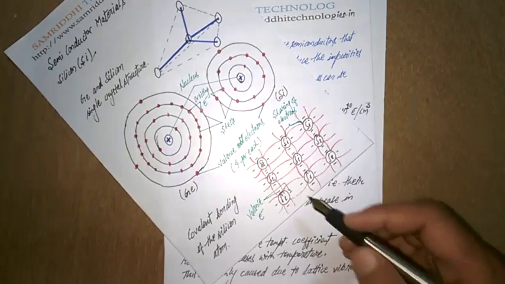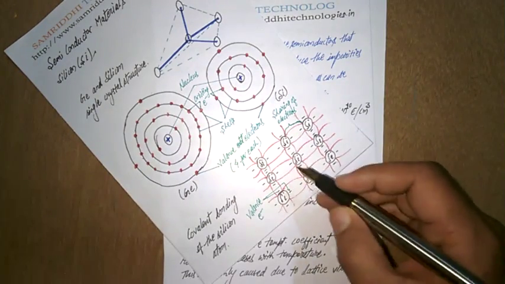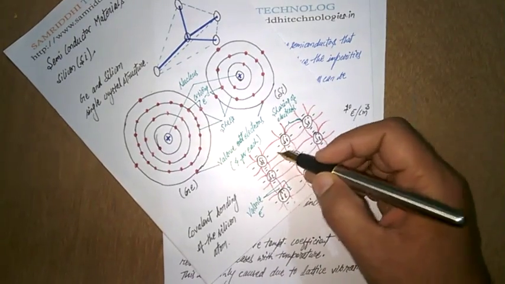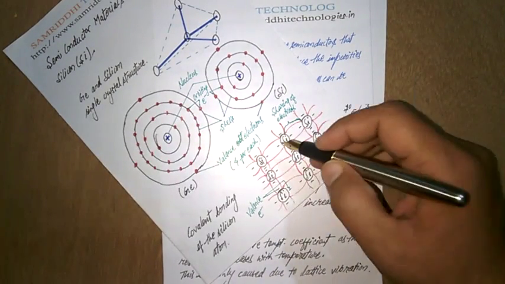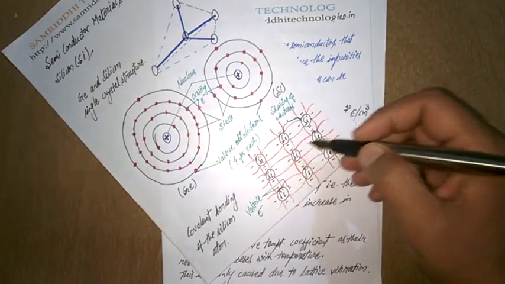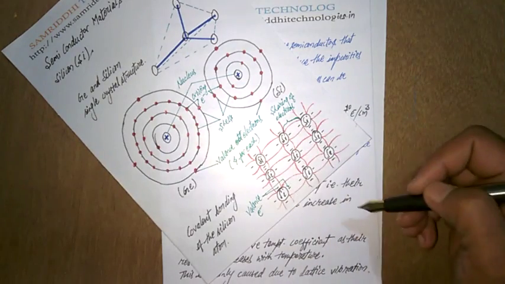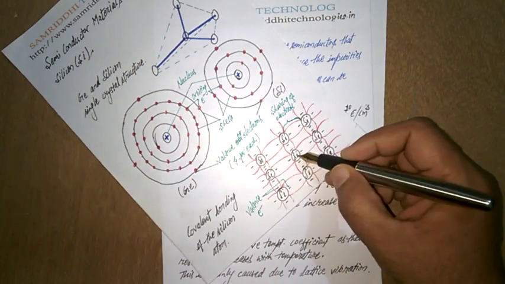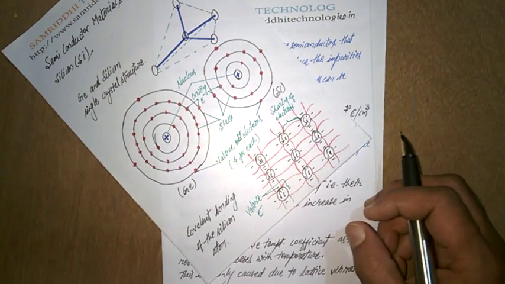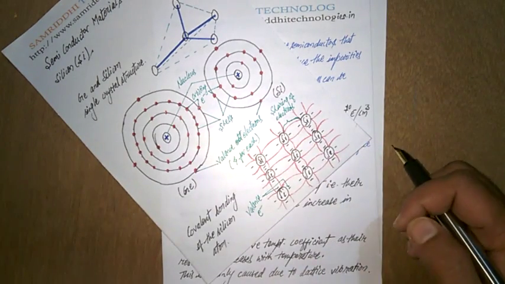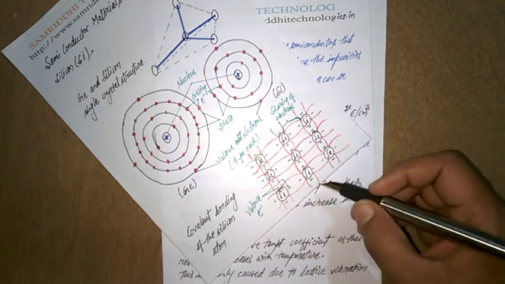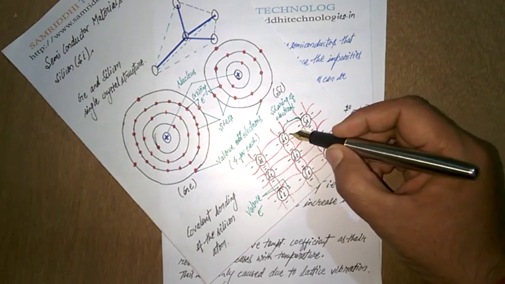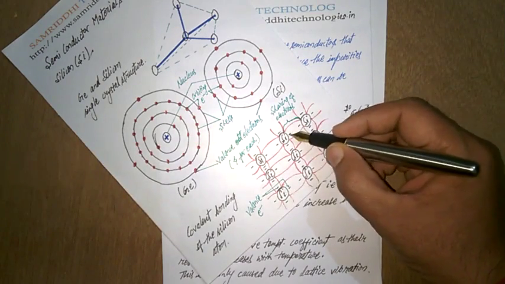Here you can see that a silicon atom can share its electron with another silicon atom, and that silicon atom shares with another 4 silicon atoms. Meaning they form the covalent bond within themselves. The covalent bond of a silicon atom is here. Sharing electrons are these two.